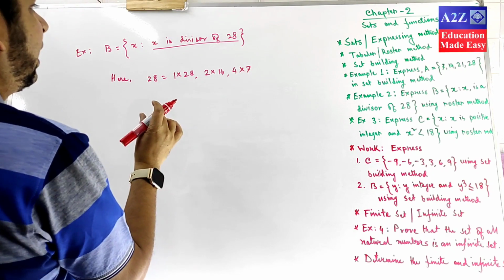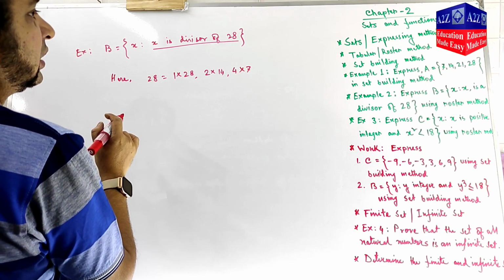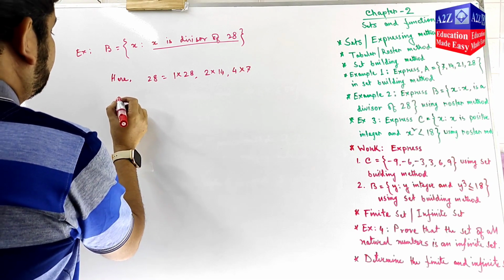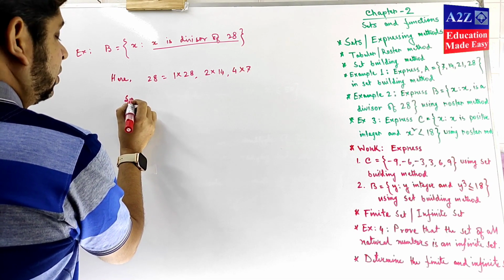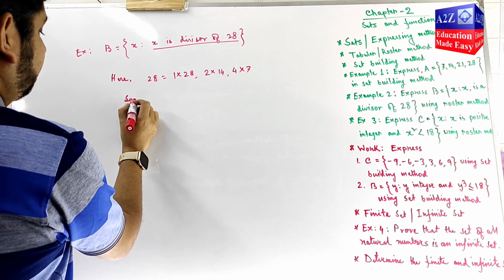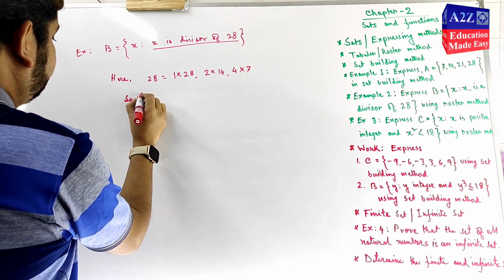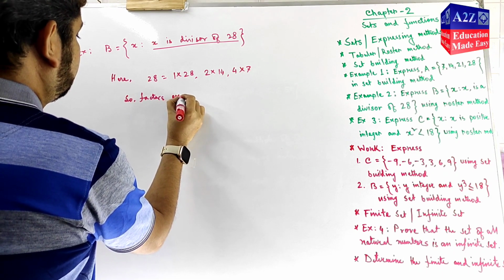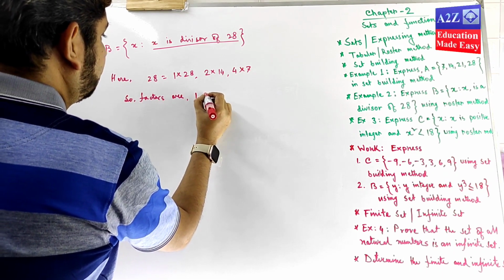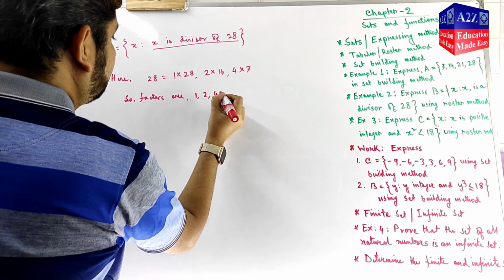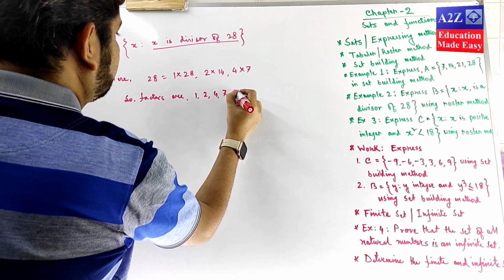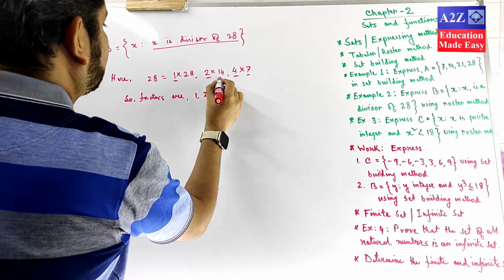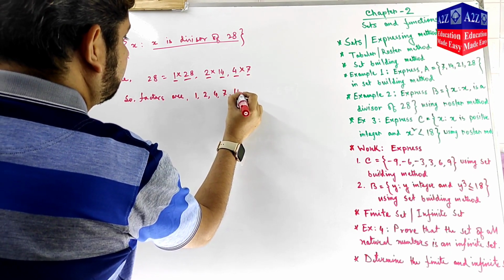Okay, you will find all the divisors or factors of 28. So I would like to prepare a list of the factors, and the factors are 1, 2, 4, 7, 14 and 28.